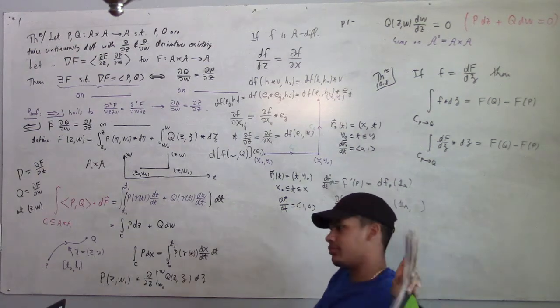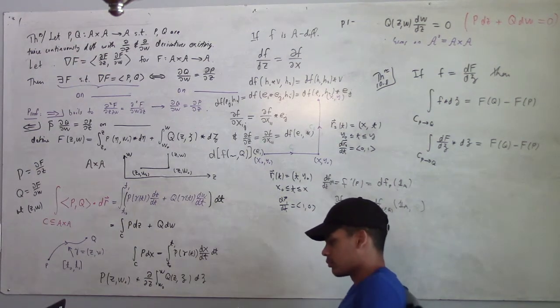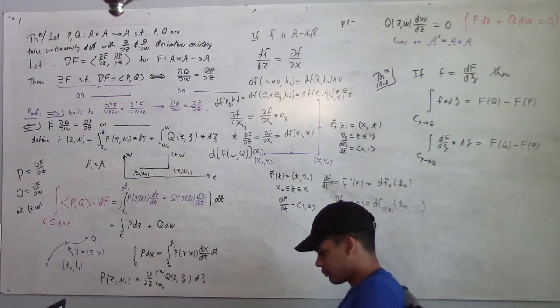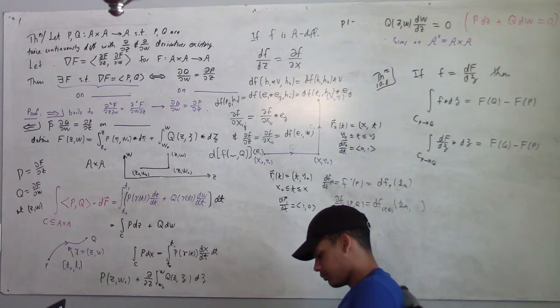However, you cannot find a gradient function on the whole punctured disk. In other words, the theorem does not apply there because the topological condition of the domain has not been met. That's kind of interesting.